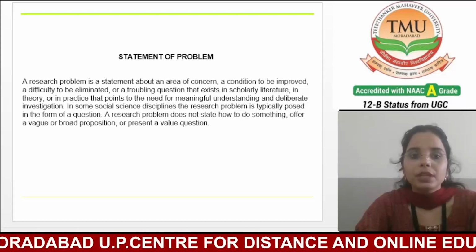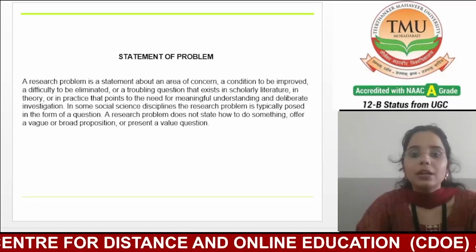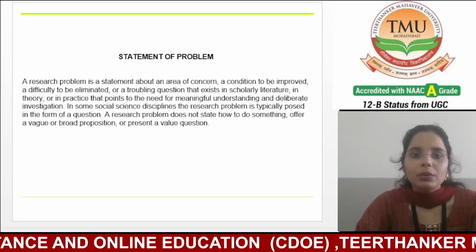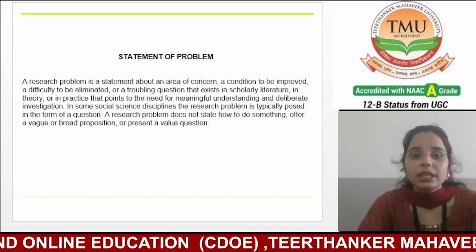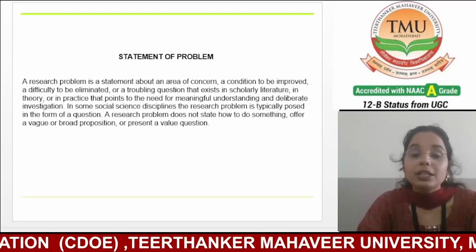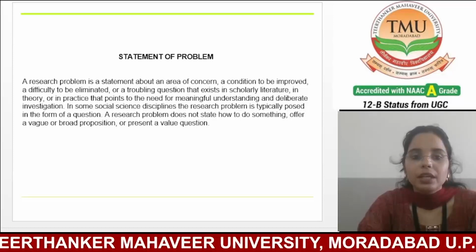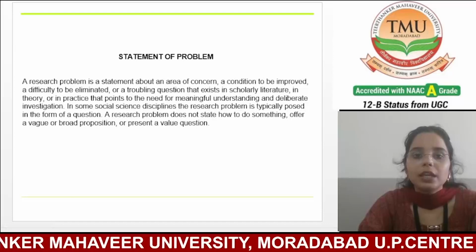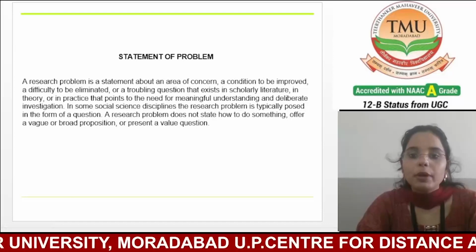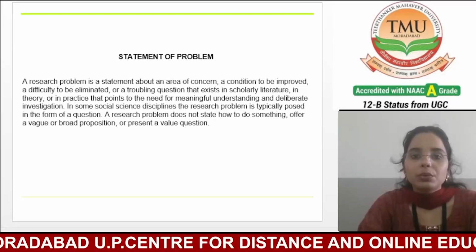In social science disciplines, research problems are often framed as questions to be explored and answered. They must be clear, precise and focused, ensuring that the scope of the research is neither too broad nor too narrow.